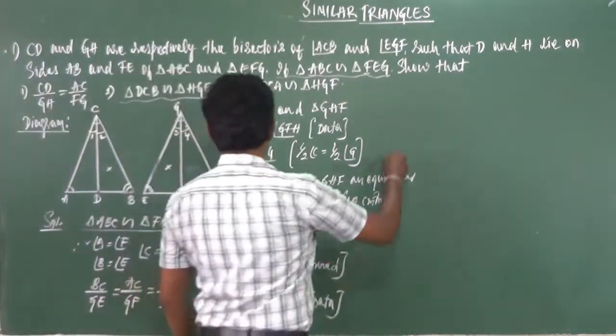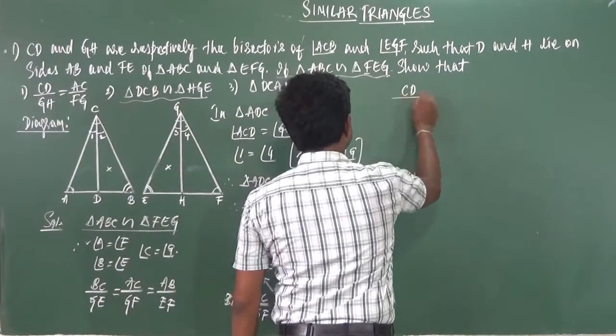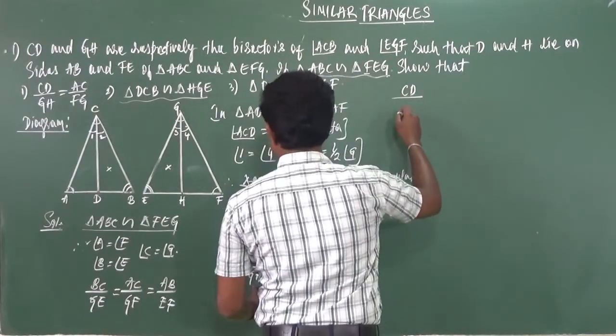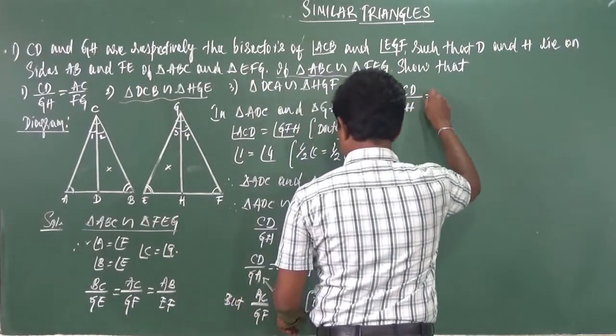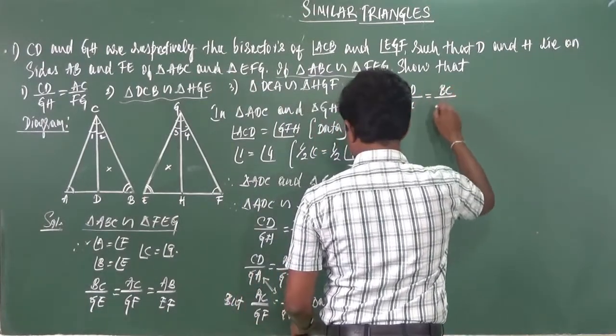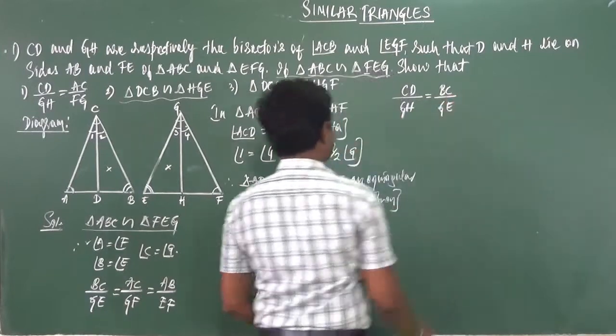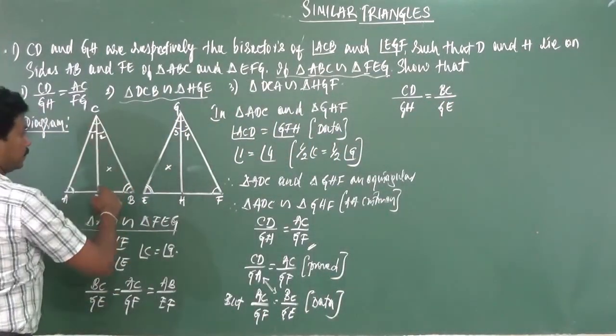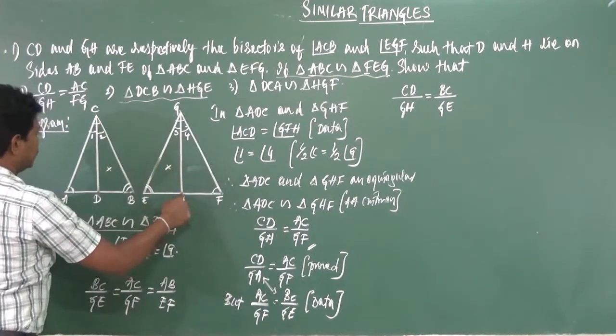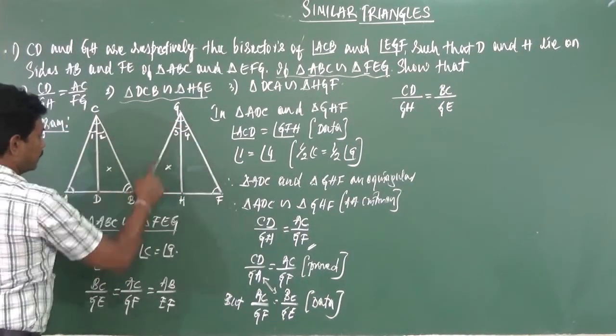So therefore CD by GH is equal to BC by GE. So now look at the diagram using that data. So that is CD by GH is equal to BC by GE.